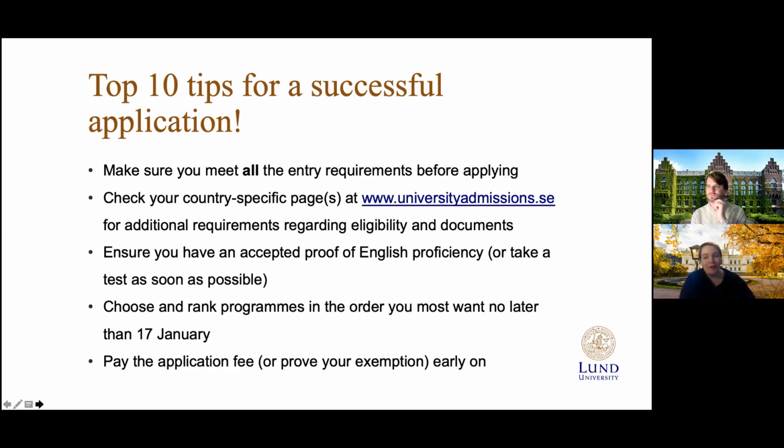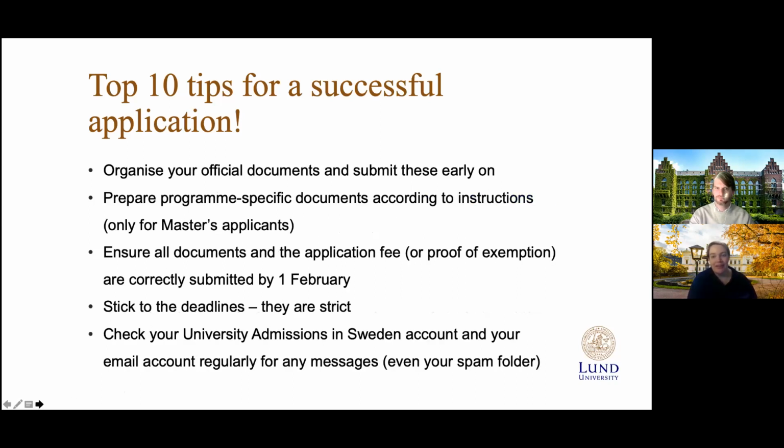You should choose and rank the programs in the order you most want, no later than 17th of January, and then pay the application fee early on so that we receive that payment before the deadline. You should organise your documents and submit those early as well, because if there is anything missing and you get notified by the university admissions team after the deadline, then there's nothing you can do.